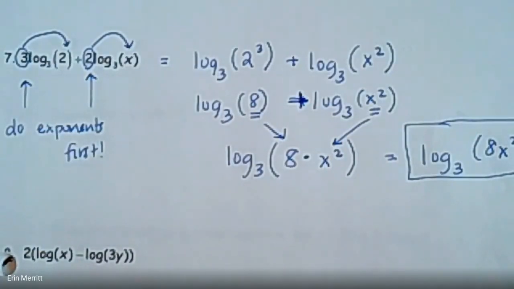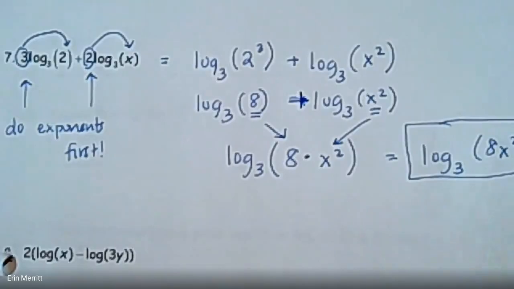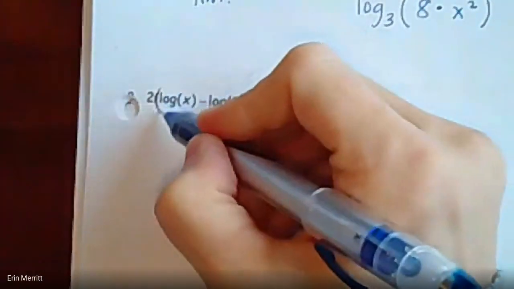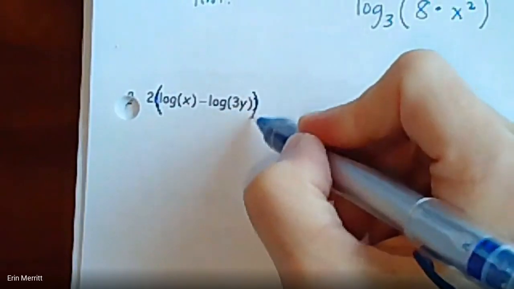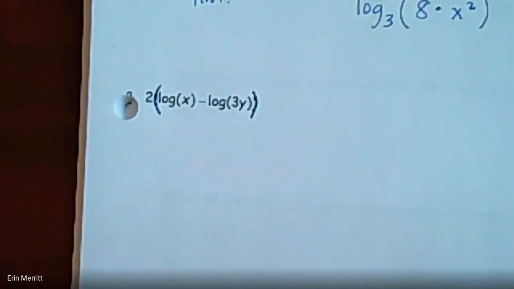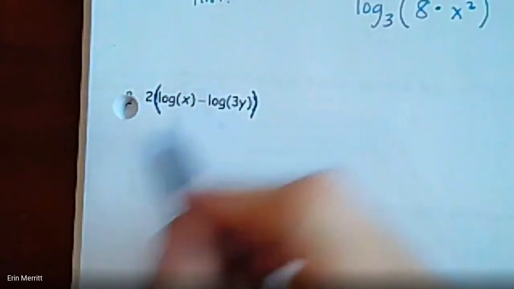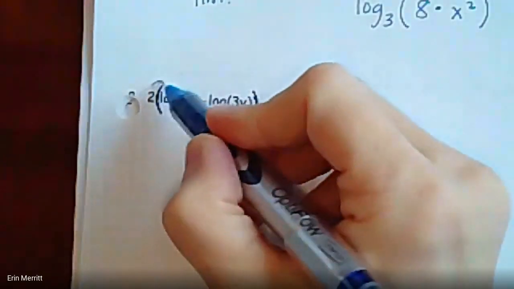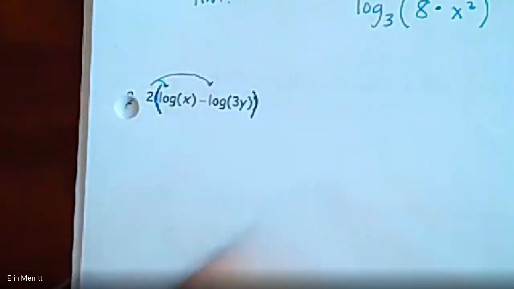So hopefully you're like, all right, I'm getting the hang of this. As a little hint, when you do this next one, notice you've got some parentheses here. When I think PEMDAS, I do the stuff inside the parentheses first and then deal with it. But your other option is to distribute the 2 and then deal with it. So you can think of it a couple of different ways. It might be easier to distribute the 2 and then take it that way.